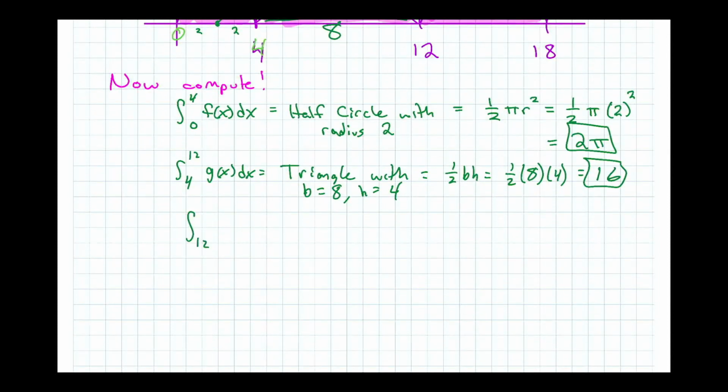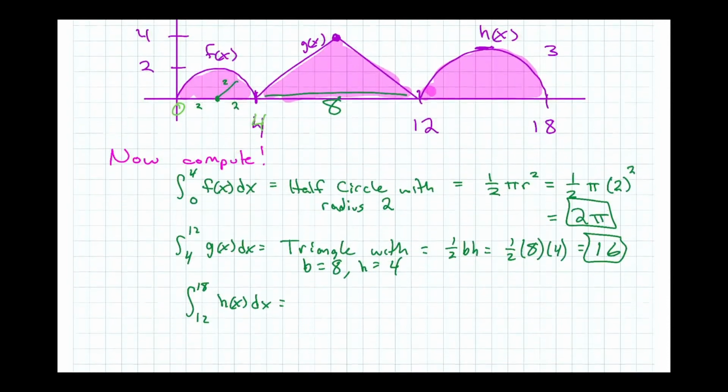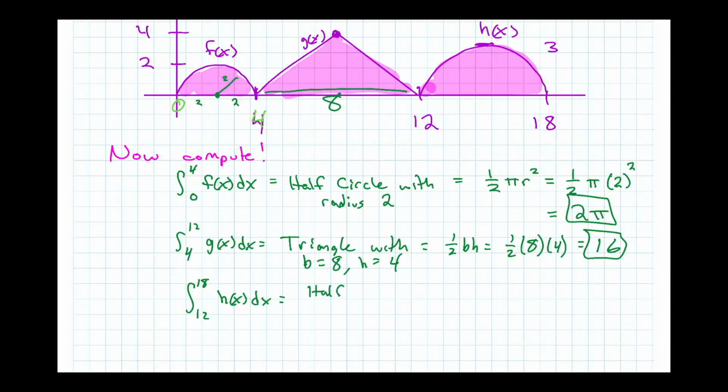Last one, 12 to 18 of h of x. That's another half circle, right? The radius is r equals, well, it looks like 3, right? Because 12 to 18 is a distance of 6. And the reason I wrote this 3 here, remember, was that was the height.